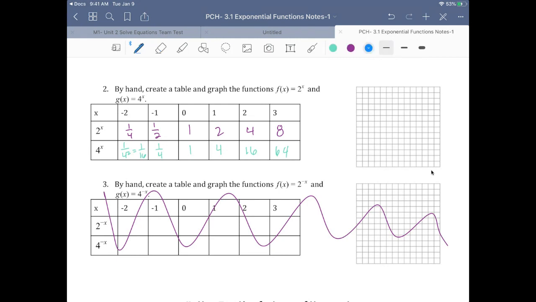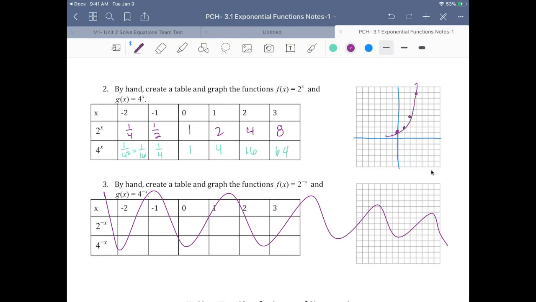So for the 2 to the x, we cross at 0, 1. And then I move over to 1, 2. 2 squared is 4. 2 cubed is 8, doubling our growth each time.